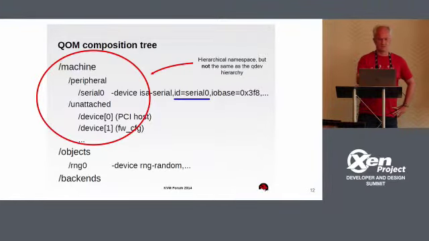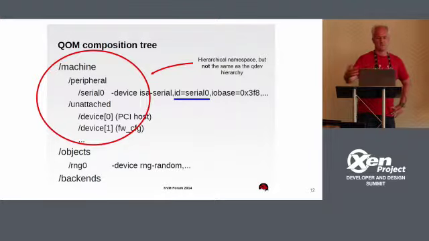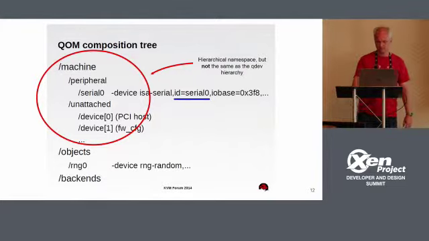You can see here that the serial device being added has this ID, and that means it fits into a name hierarchy: machine/peripheral/serial0. So the hierarchy is different from qdev. It's not expressing the topology, it's just providing a canonical mechanism to name things.